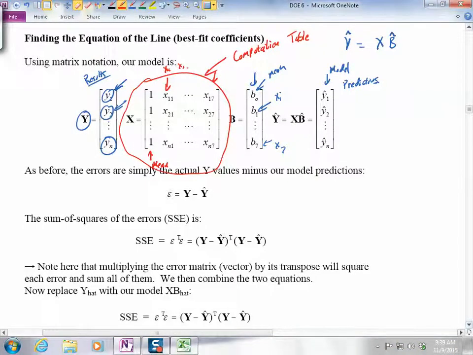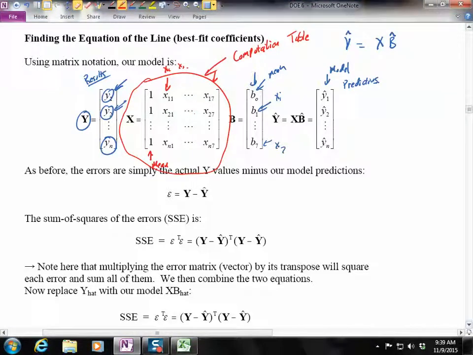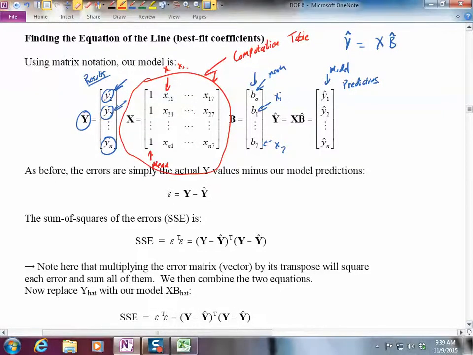So if you think about your Excel where you have the full computation table, you highlight that whole thing, and that's your X matrix. That's the experiments that you did. Everyone okay with defining those? Are there any questions of what each of those things are?